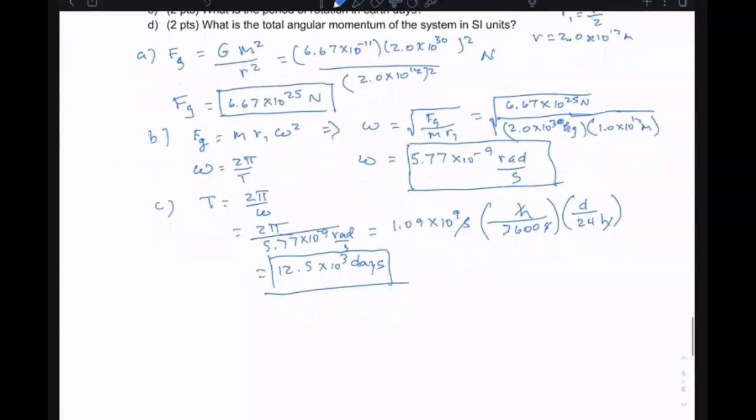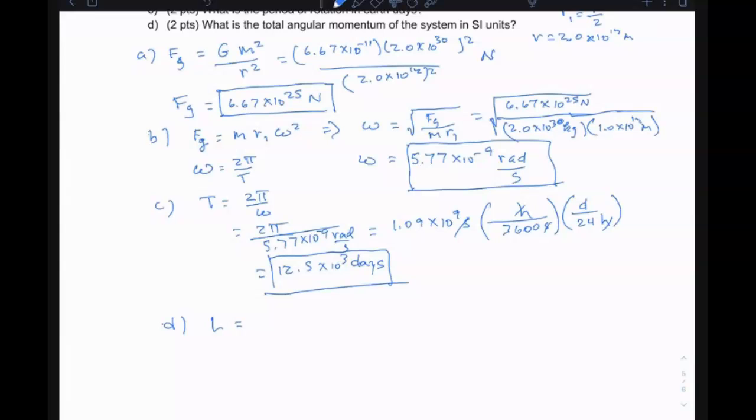Then in part D, what is the total angular momentum in SI units? Well, the total angular momentum is the sum of the angular momentum of each mass.